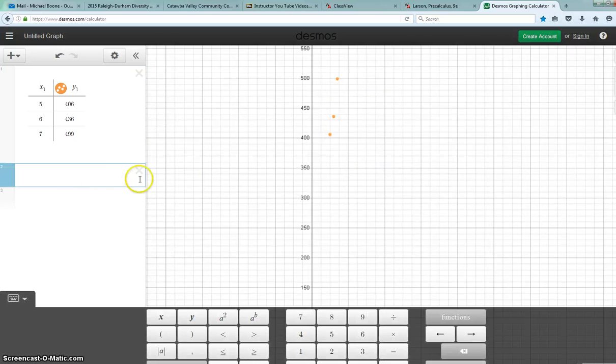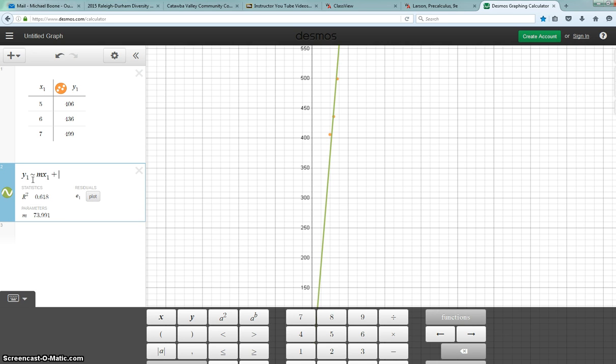Now, if I want to find a regression equation to it, a linear equation, I have to tell Desmos I want you to do a regression equation. So to notate a regression for my y values, we put in the tilde, mx plus b, that's our equation for a linear equation. And here we go.